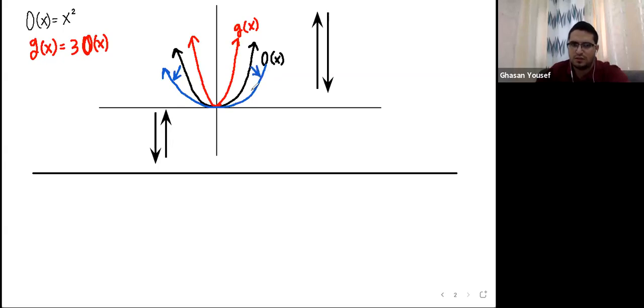We push this until we get the blue curve. But stretching means we have to make it far from the x-axis, like this. Okay. So the red one now is called stretching of the function o of x.